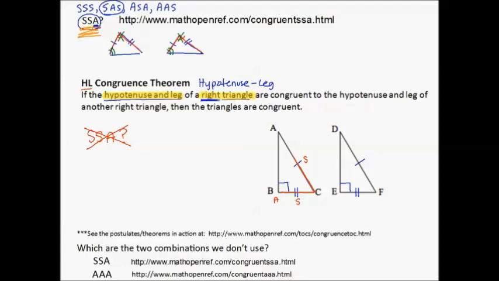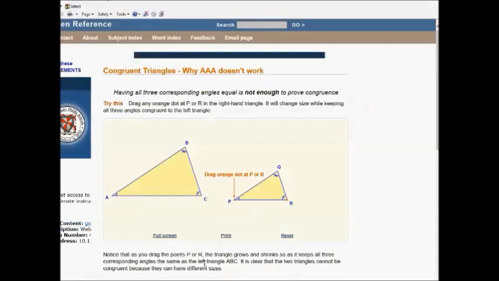Angle, angle, angle is the other combination that we didn't use. Let's look at why that doesn't work. So here's a picture of three angles congruent to three angles. I can grab onto one of these vertices and make this triangle bigger. I still have, see how angle P and angle A are congruent to each other?